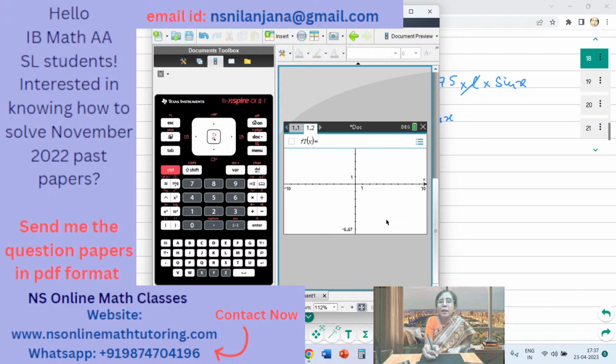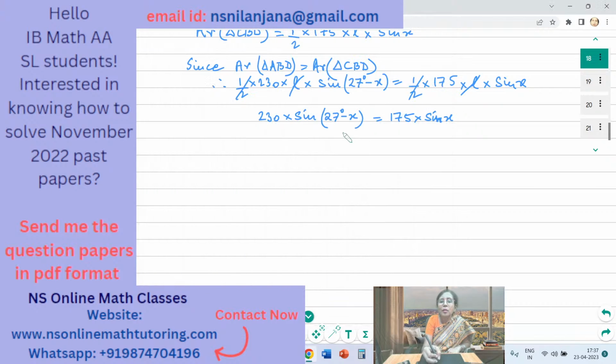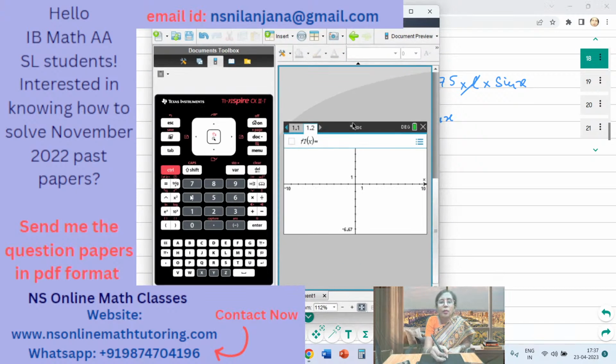Okay, and then it is 230 times sine of 27 minus x. I'll be graphing this, so enter.